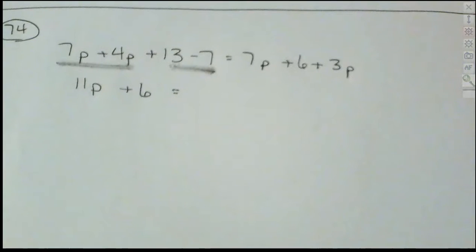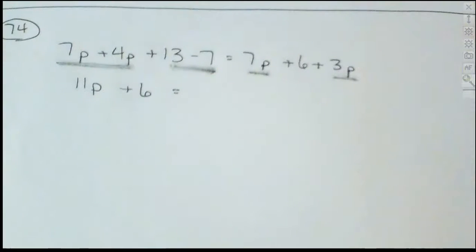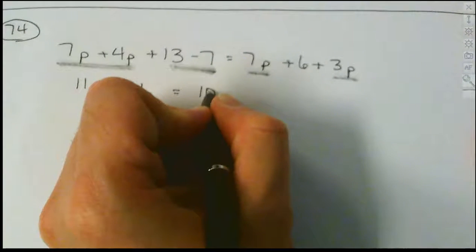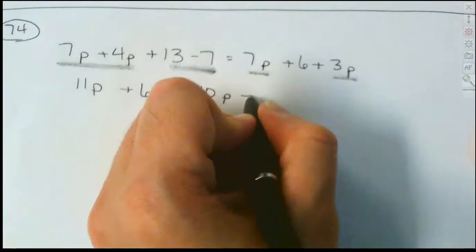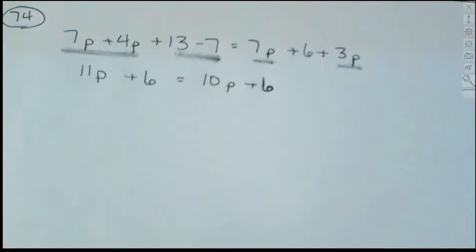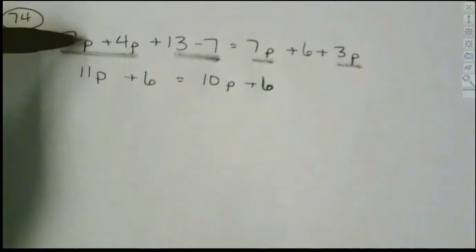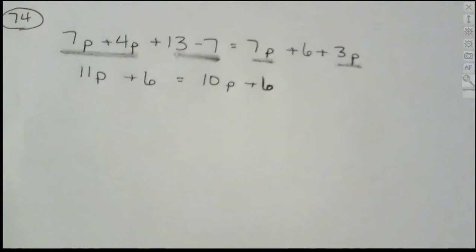On the right-hand side, what do we have? We've got a 7p and a 3p. 7 plus 3 makes it now a 10p. And then we've got a positive 6. So we just combined all of our like terms together. As long as they have the same variable, they can go together.